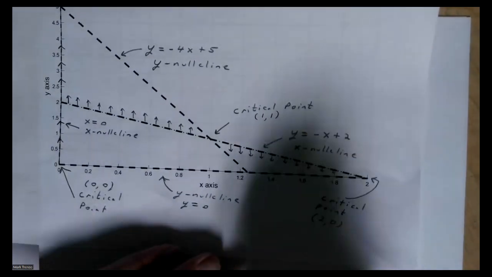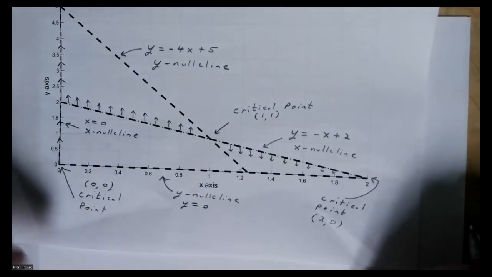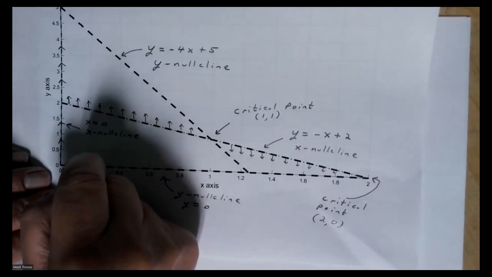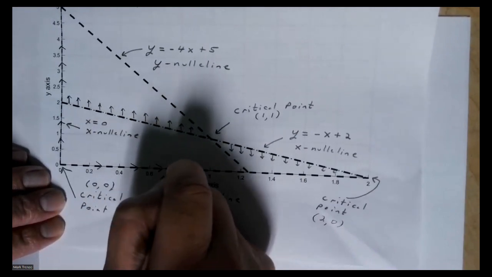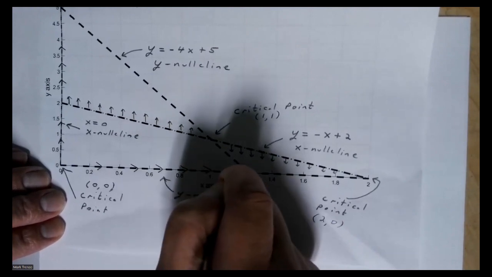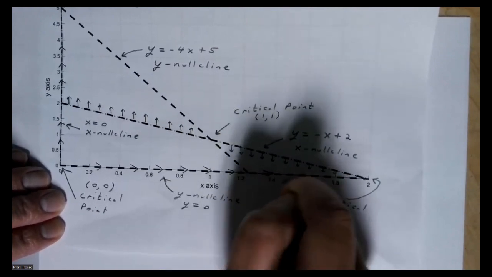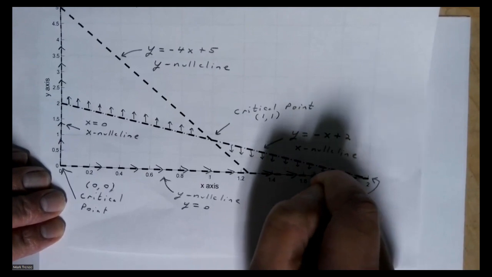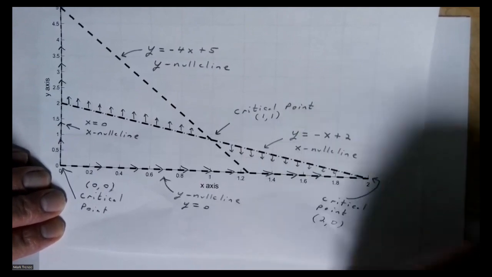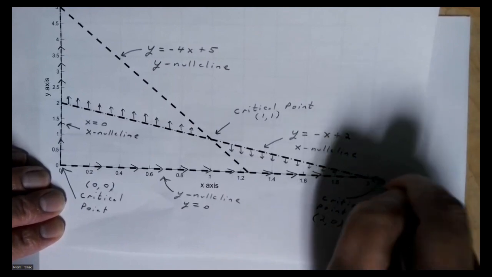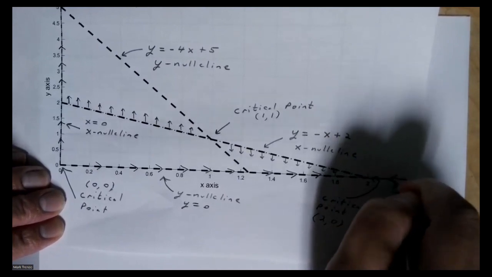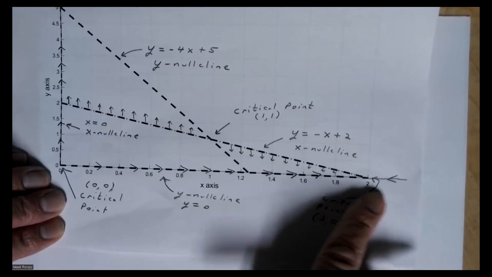So what we're going to have is all along here, these are going to be positive. And I realized now I should have made my graph a little bit bigger, because on this side over here, if we get past 2, these are all going to go back towards this point.